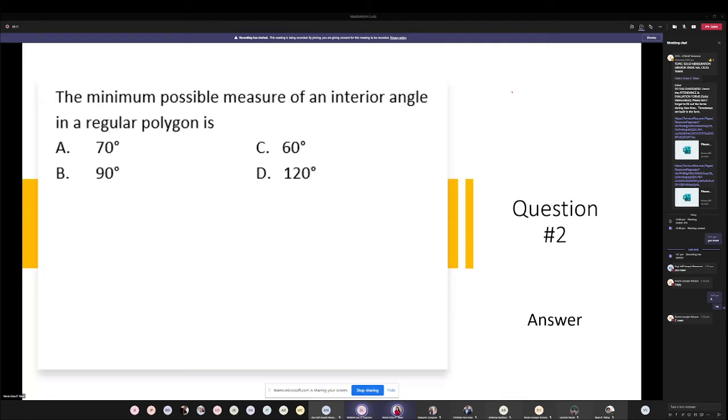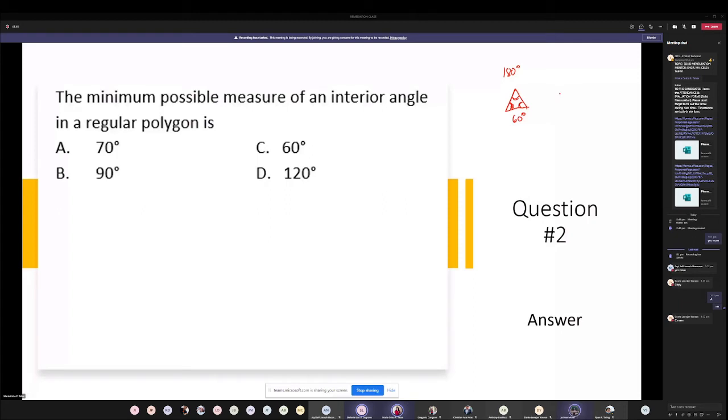So let us look at the first three polygons. For a triangle, the sum is 180 degrees. Maybe you know this already from high school, or you can recall that the sum of the interior angles in a triangle is always 180. If it's a regular polygon, there are three angles, so each angle measures 60 degrees.